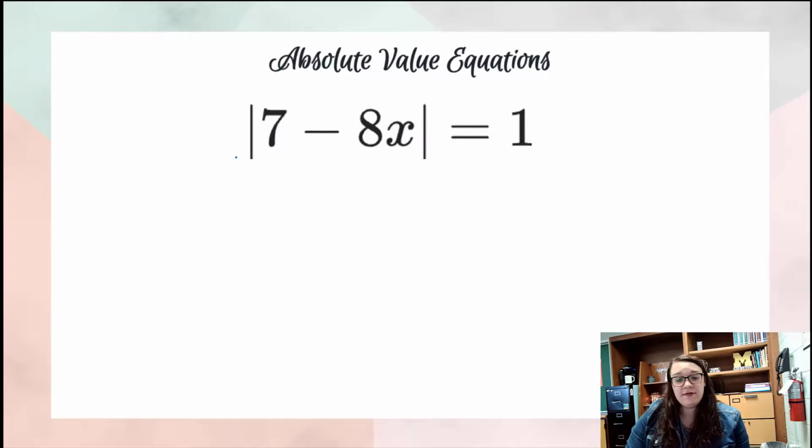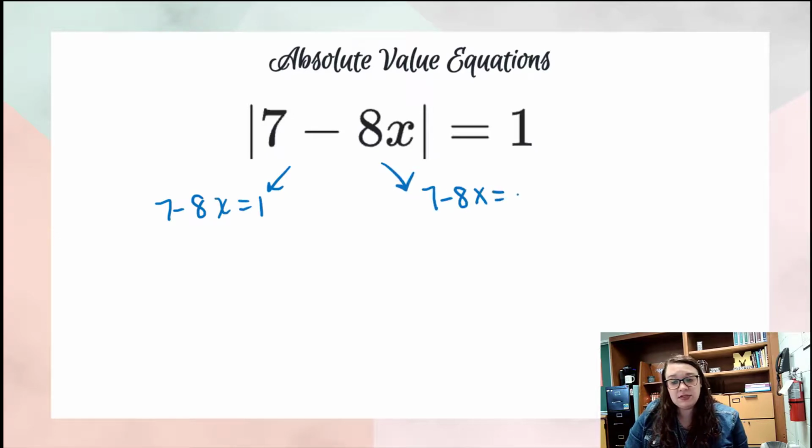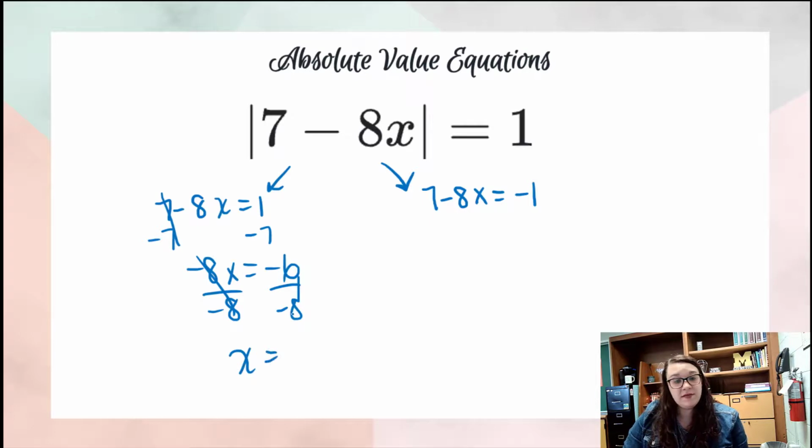All right, I hope you gave it a shot. I've got my first equation, 7 minus 8x equals 1, and my second equation, 7 minus 8x equals -1. I can solve each of these by first subtracting 7, and then by dividing by -8. -6 over -8, those will both become positives, and I can reduce 6 over 8 to be 3/4 or 0.75.